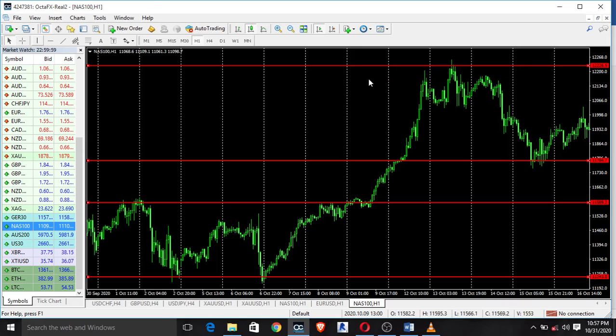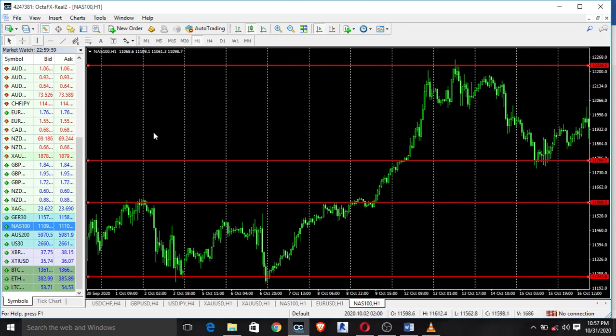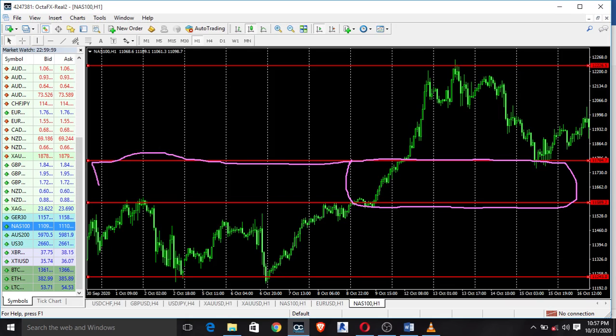So idan kuka lura a haka ma yanzu kun ga, idan kuka kalli the whole chart, wannan area din, this area serve as our intermediate point between this upper part and this lower part. And this upper part, that's where the major resistance is, and this is where the major support is. So this is the major structure. This is where the major resistance is on this chart, and this is where the major support is.